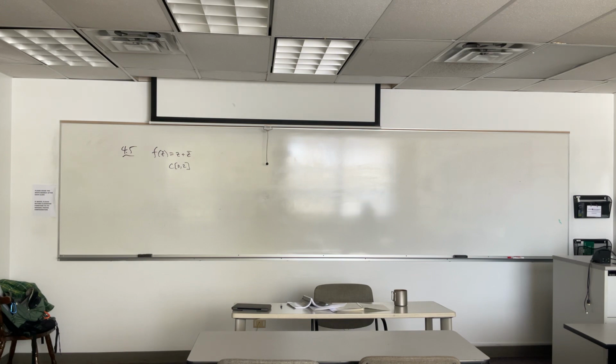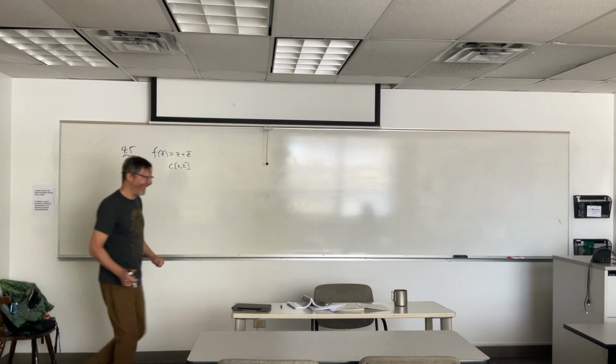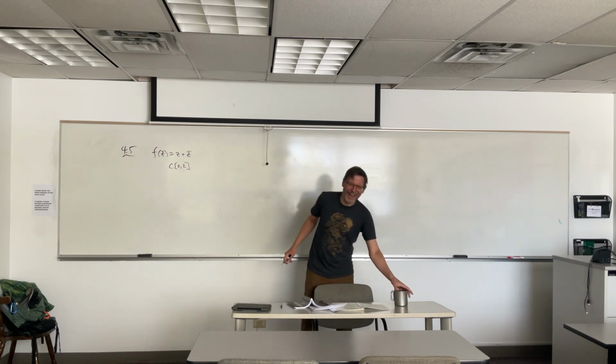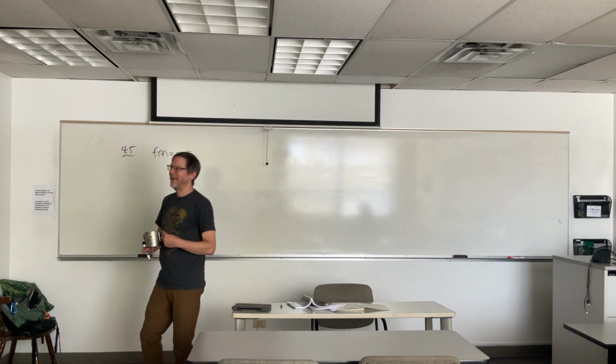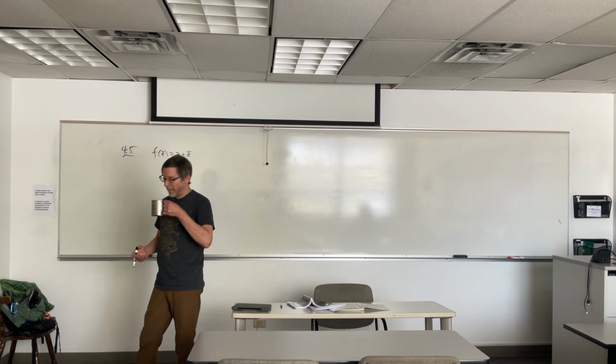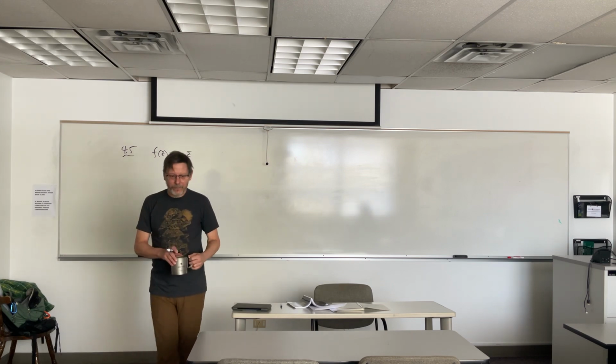I was thinking we have to do that for the contour, gamma, which I can express as 2 cosine t plus 2i sine t. And we can say that that's h of t.